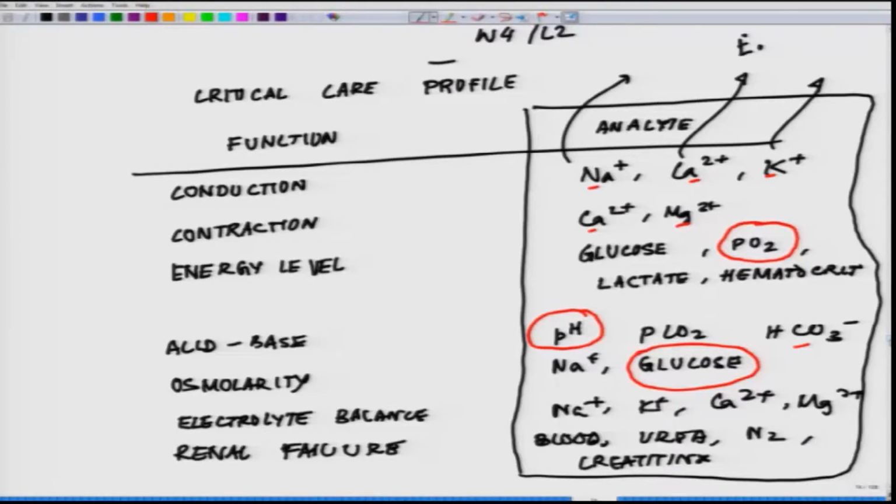And in terms of the ion selective electrode, if we talk about the different ion selective electrodes which are there currently with the technology, they are of these different types.